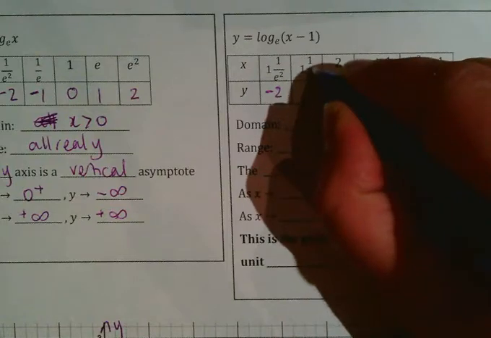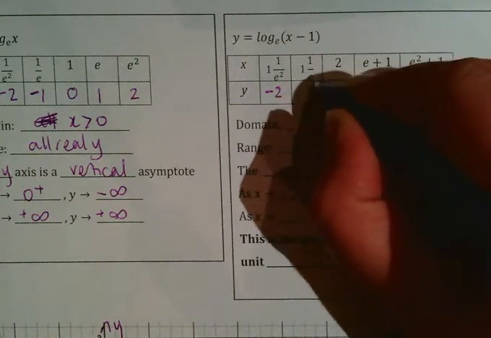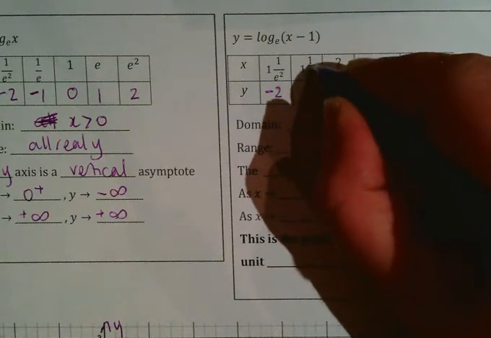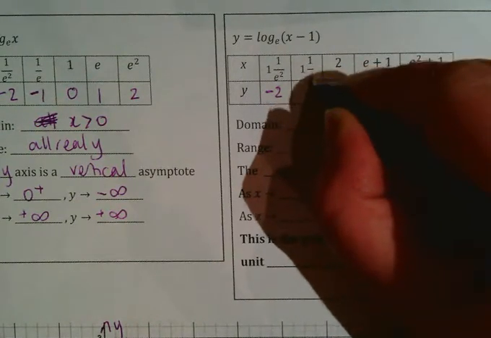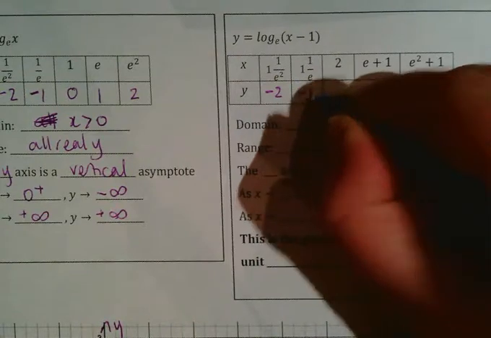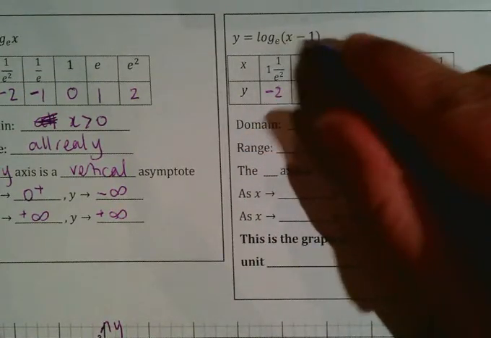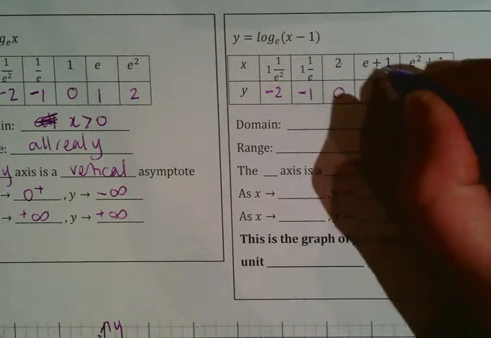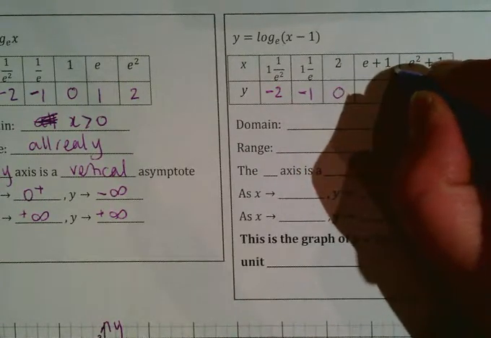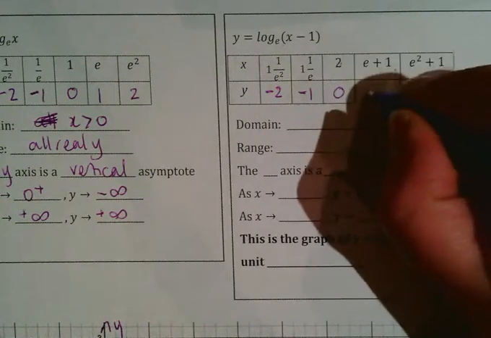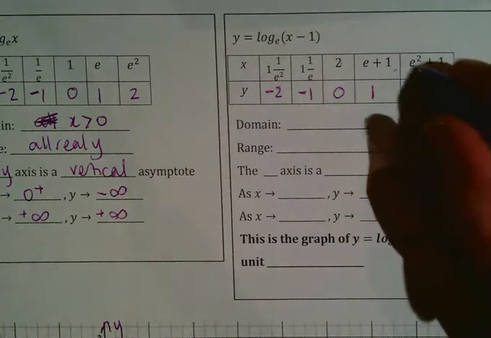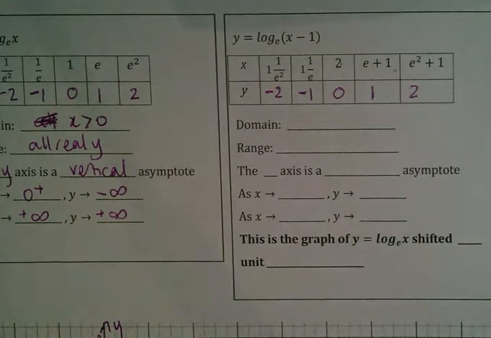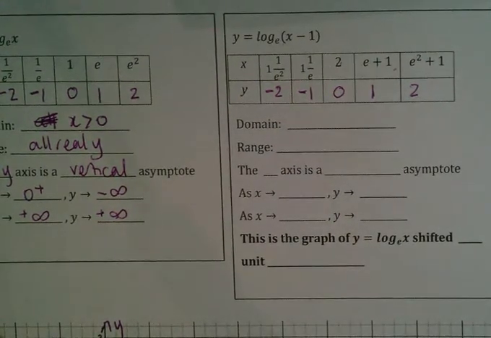Then 1 and 1 on e: just think of it as 1 and a third, roughly, minus 1 would be a third, or in this case, 1 on e. That's e to the negative 1, bring the negative to the front. 2 minus 1 is 1, so this is the same as log to the base e of 1. When x is e plus 1, you get e plus 1 minus 1 is e. Log to the base e of e is 1. And e squared plus 1 minus 1 is just e squared, so you get log to the base e of e squared, which is 2.